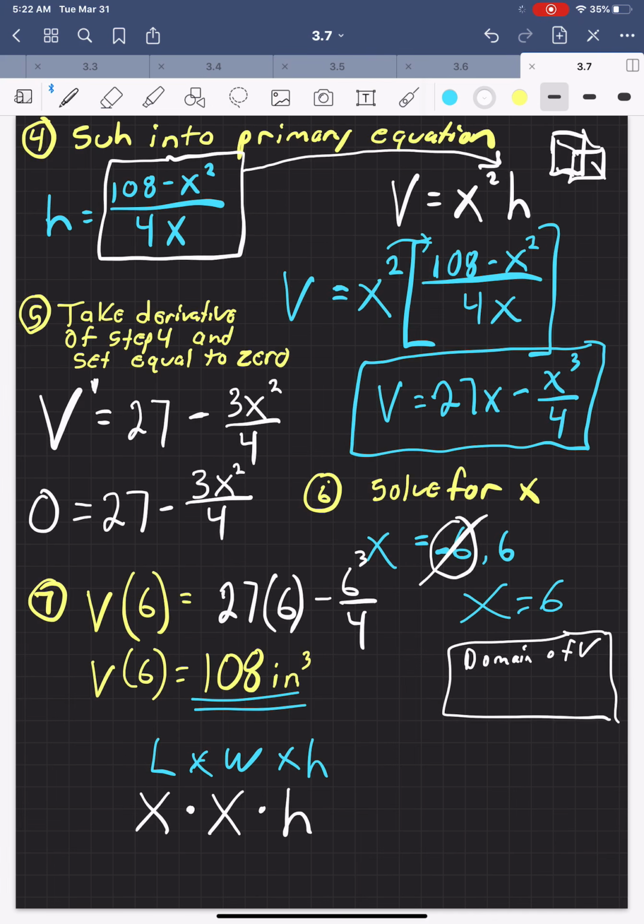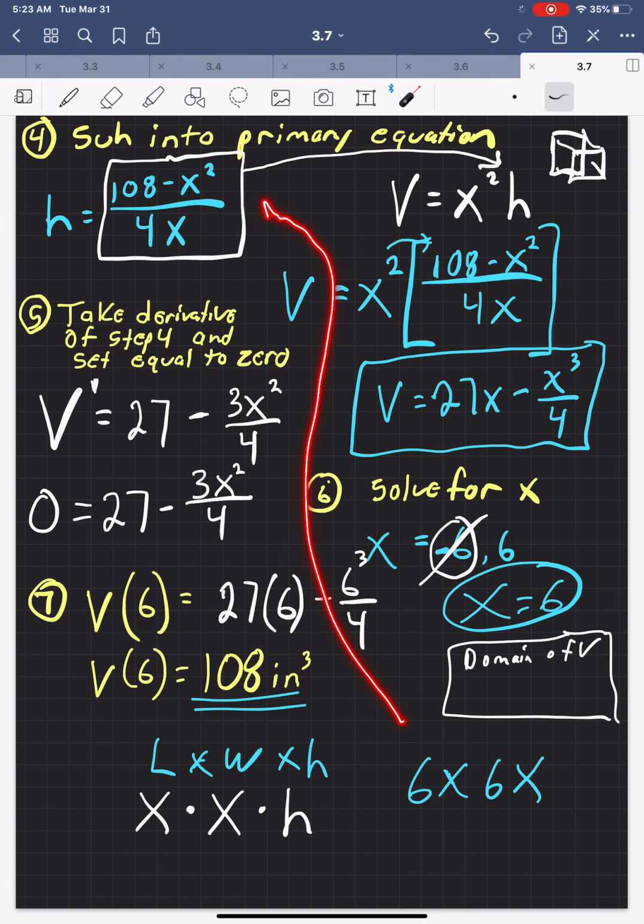Well, can you agree with me that as of right now, since I know that x is equal to 6, I know this is a 6 by 6 by, hold on, I don't know the height yet. But if you have been following along, don't you agree that you can find the height as long as you know x?